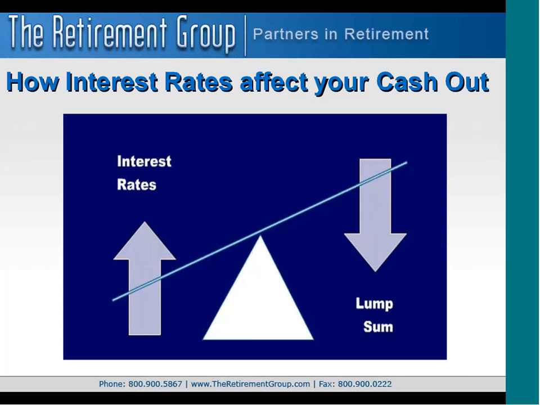If rates go up 2% in roughly 18 months, which has been known to happen, that's a 20 to 24% reduction to the pension. So it's very important that they understand this relationship and keep up on interest rates, and that's what we help them do through our seminars, conference calls, and consultations.